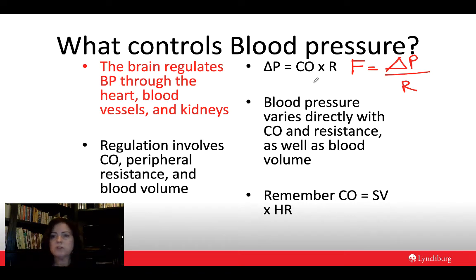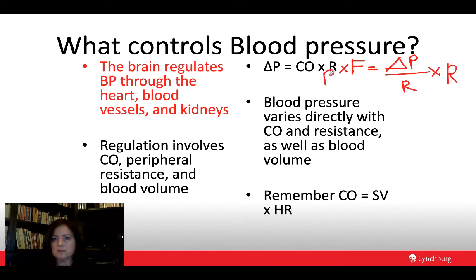Now we can rework that and solve for pressure, because I'm really interested in seeing how these things affect pressure. To isolate pressure, I'm going to multiply each side of my equation by resistance.